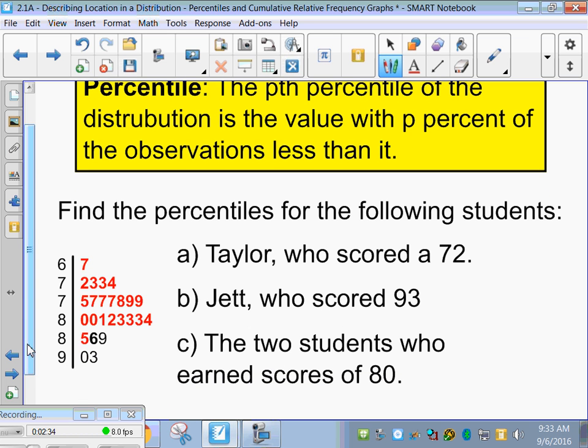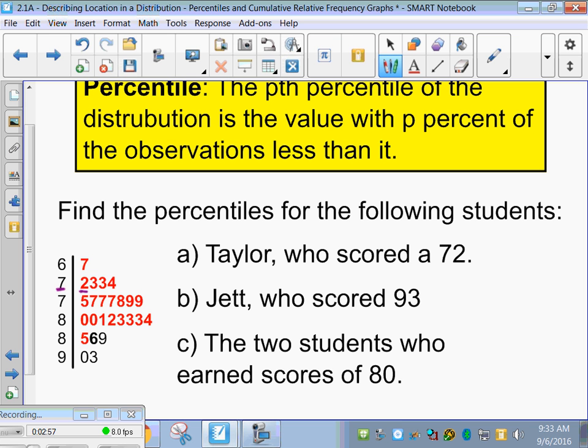So let's find the percentiles for the following people. These are not real grades. Taylor, geez, she hasn't even taken it yet, so I didn't feel too bad. All right, Taylor scored a 72. So let's see what percentile she's at. So 72 is right here.